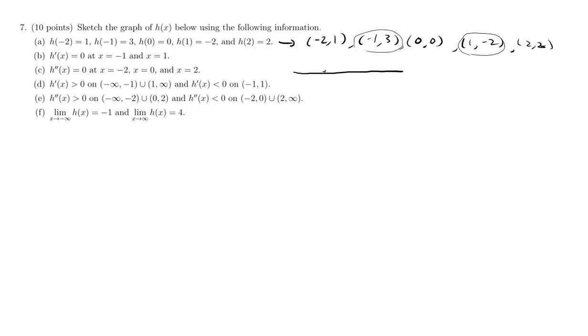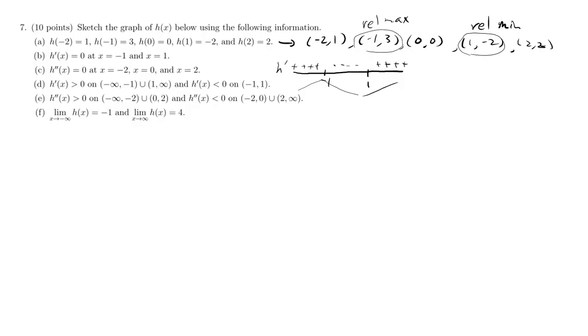You have negative 1 and 1, and h prime is positive here, and also here. And then h prime is negative here. So what does that mean? That means the function is increasing, then decreasing, and then increasing.